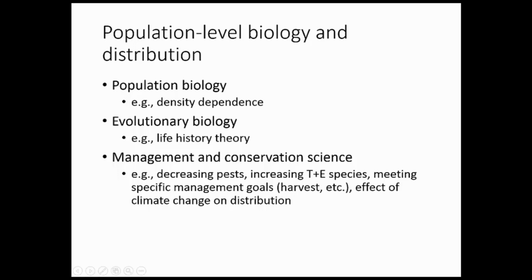In terms of evolutionary biology, we may be interested in life history theory or the stages that an organism travels through in their lifetime that are represented in a life table. And we're often interested in the management and conservation outcomes, where we may want to decrease populations of pests, increase populations of threatened and endangered species, meet management objectives, or study the effects of climate change on distribution and abundance.